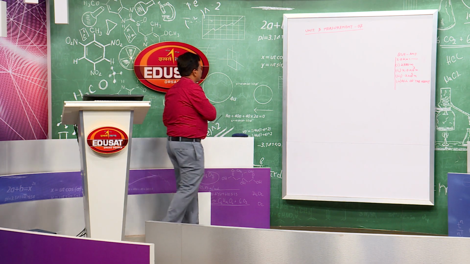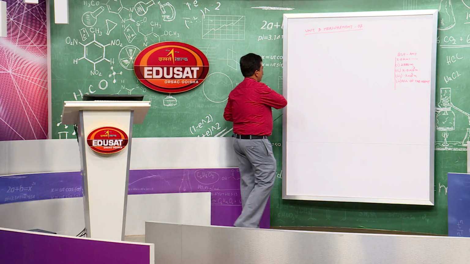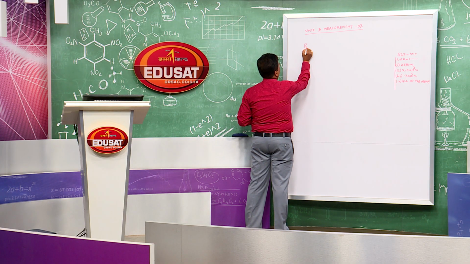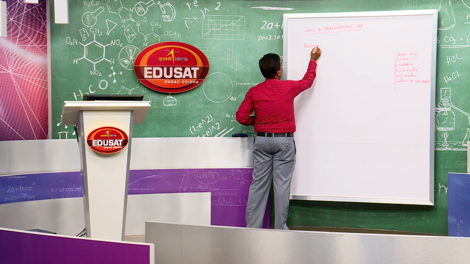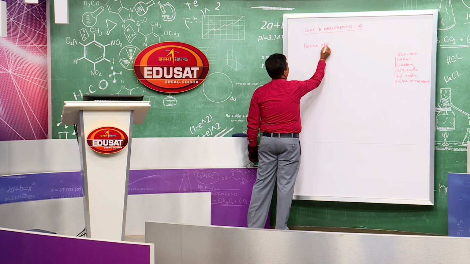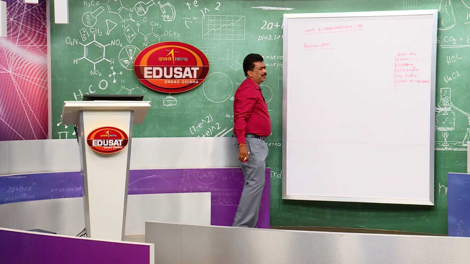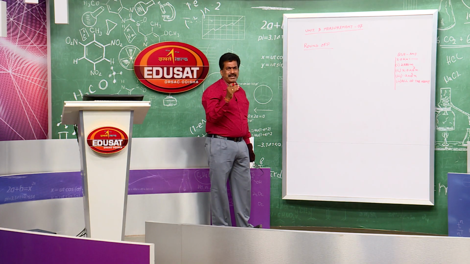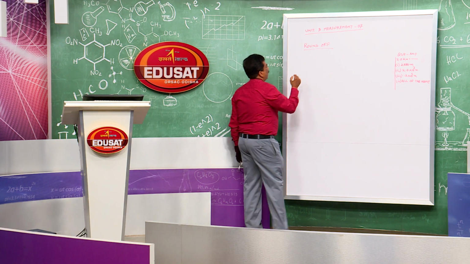For the round off of the significant figures, from which place should it be rounded off?